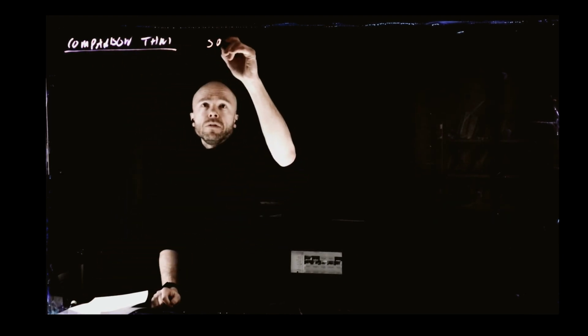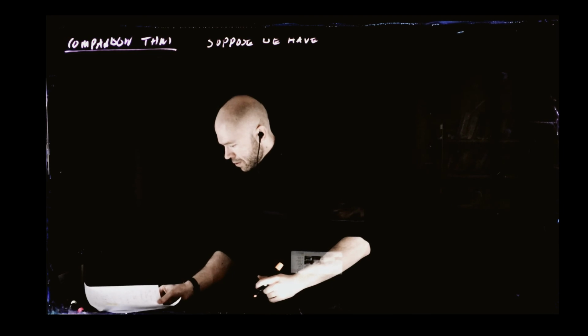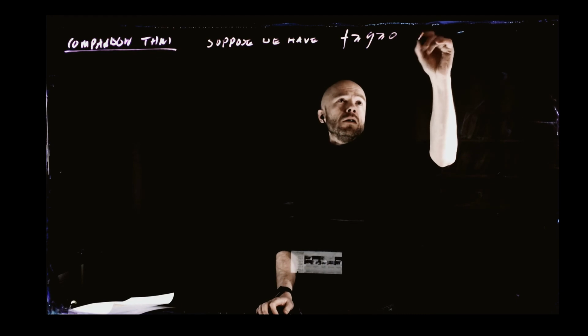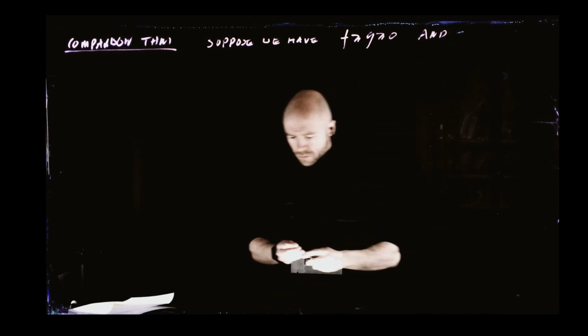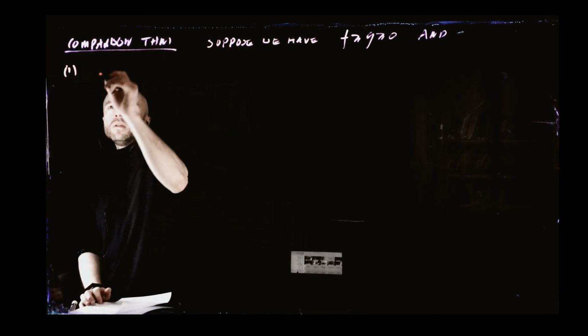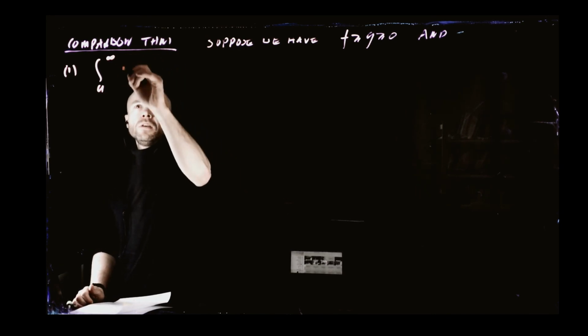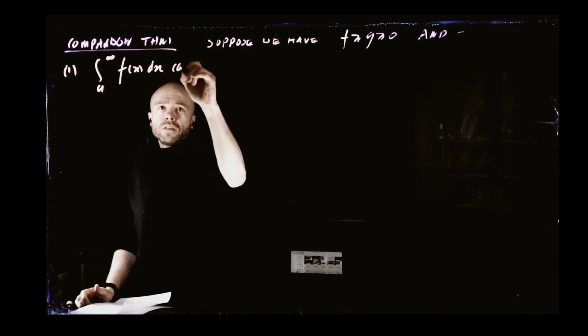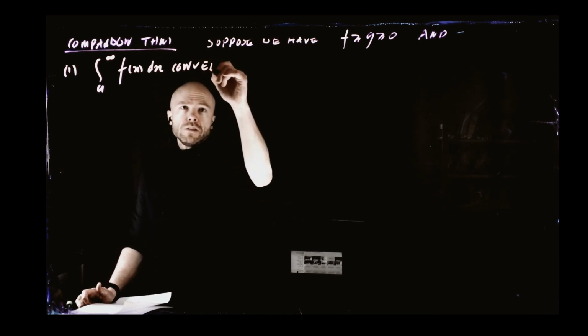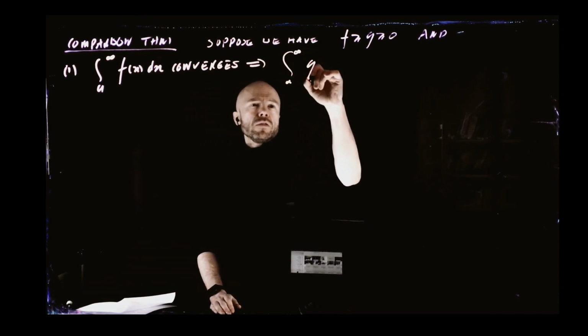So suppose we have the following notation with 0 less than f less than g, and we have that if the integral from some number a to infinity of f of x dx converges, in other words, it's a finite integral, so it's finite area underneath this graph, this implies that the integral from a to infinity of g of x converges.